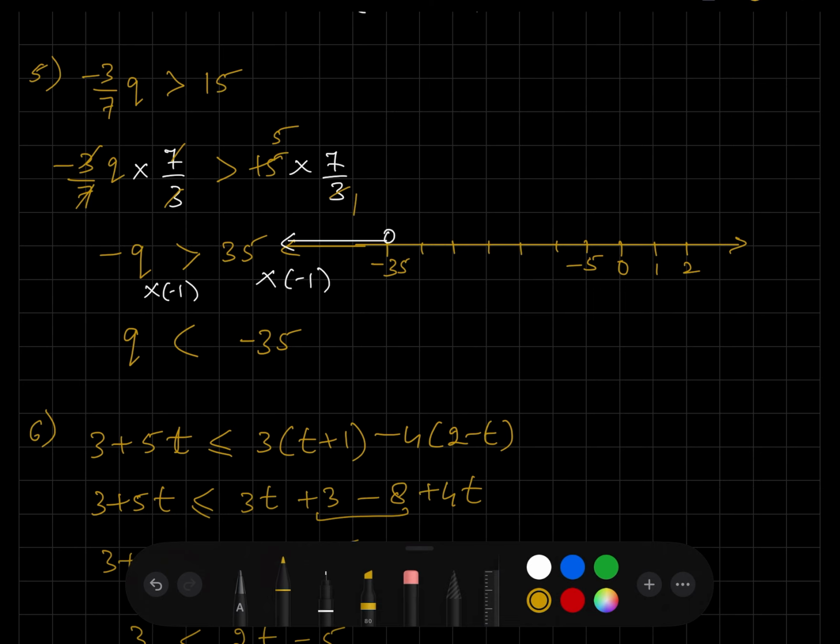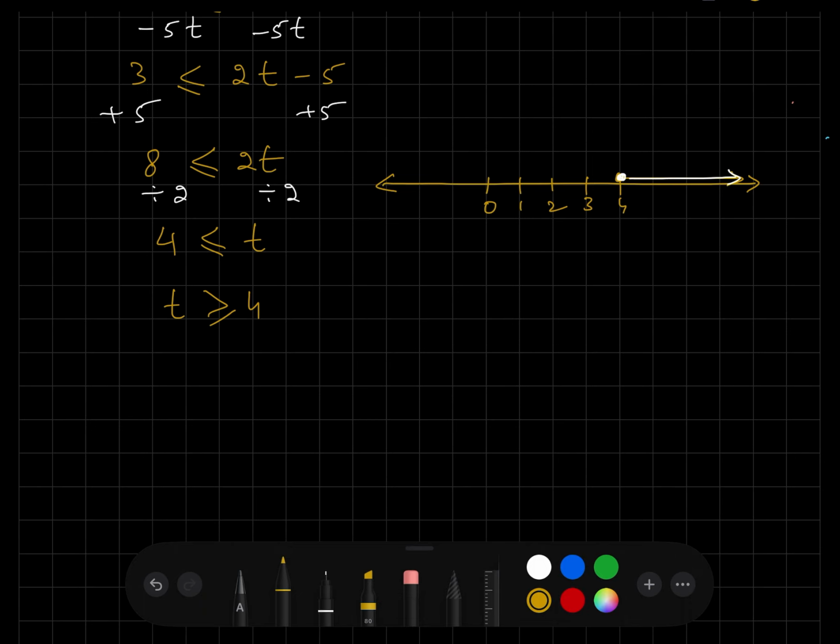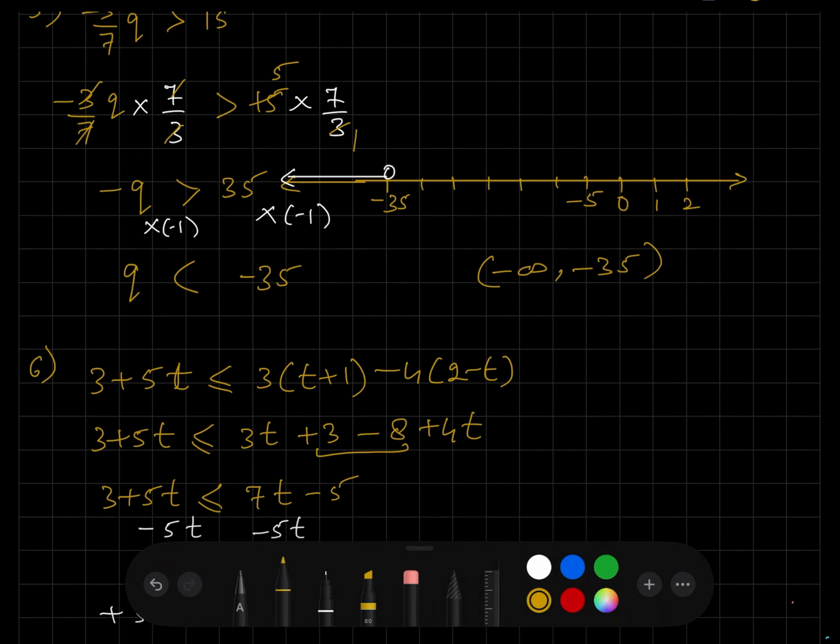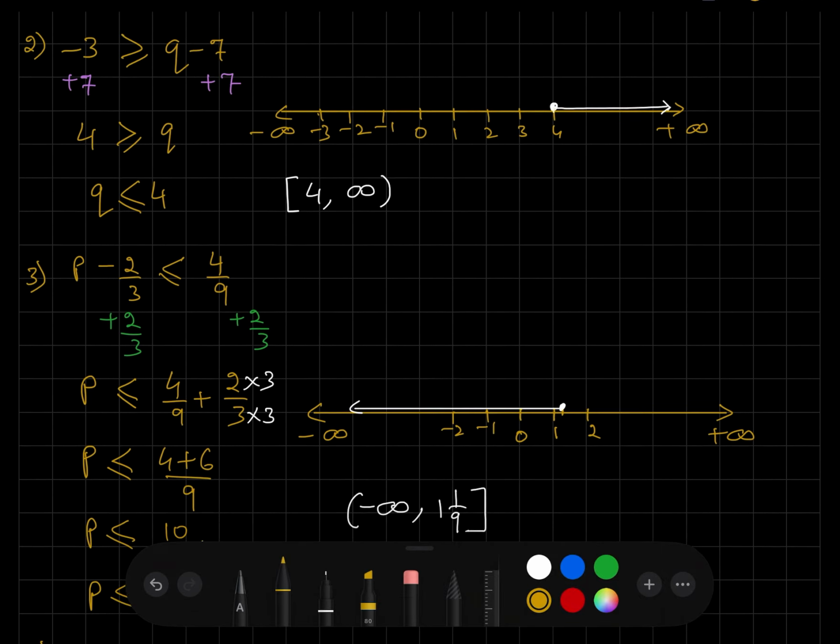For q less than negative 35, it is negative infinity to negative 35, open. And here, it is greater than or equal to 4, so a square bracket at 4 and up to positive infinity. So this way we can graph any inequality. Hope you understood, dear. Keep practicing.